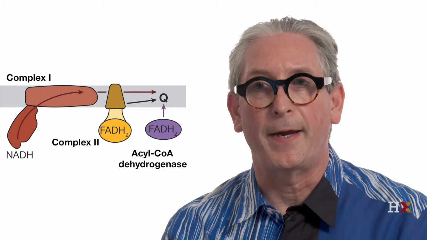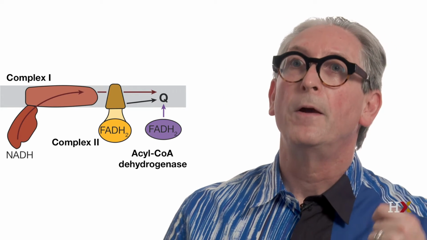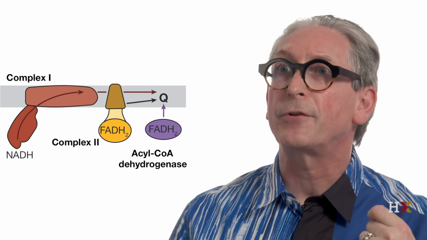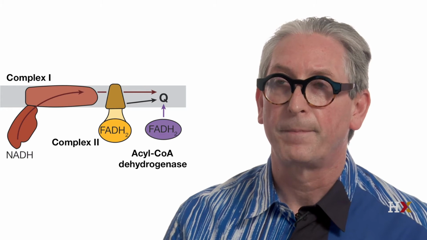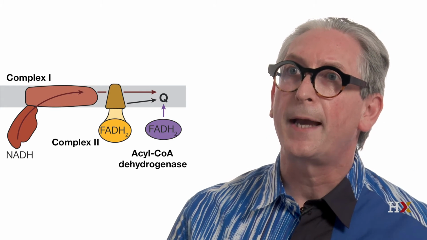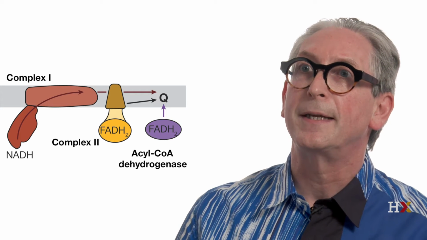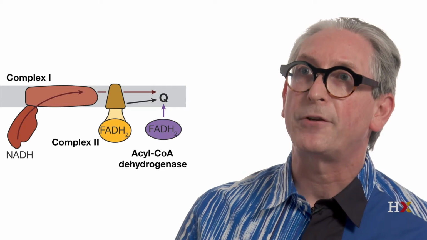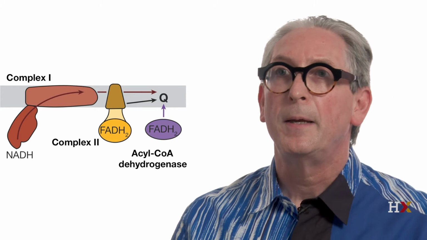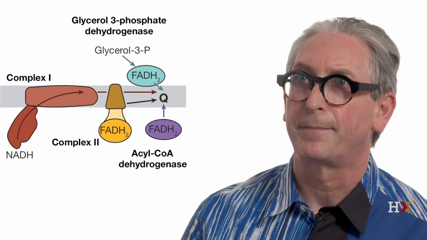Glycerol 3-phosphate, which is formed in the cytoplasm from glycerol or from dihydroxyacetone phosphate, one of the intermediates of glycolysis, will diffuse inside the intermembrane space and will then be converted back into dihydroxyacetone phosphate by the mitochondrial glycerol 3-phosphate dehydrogenase.